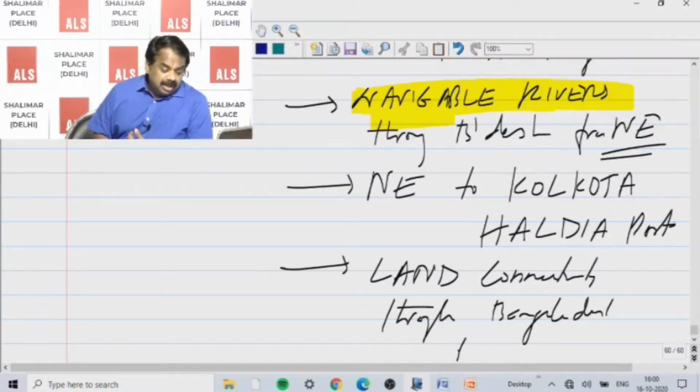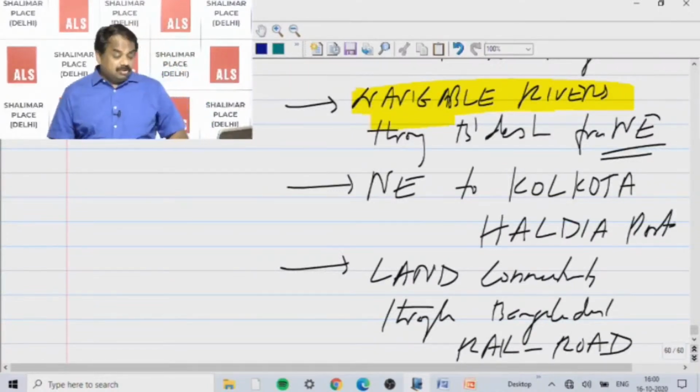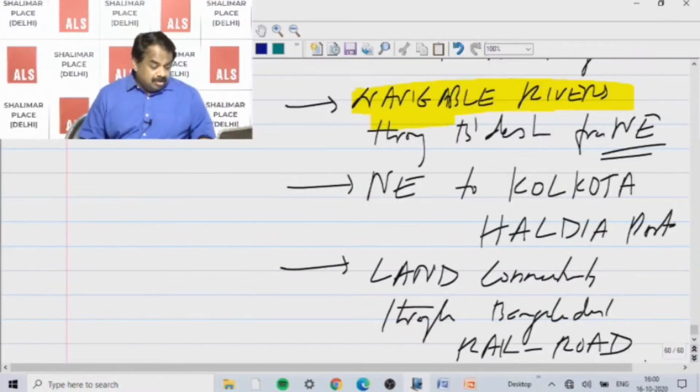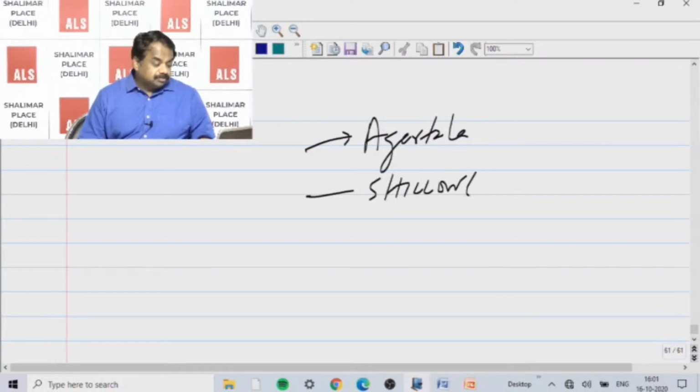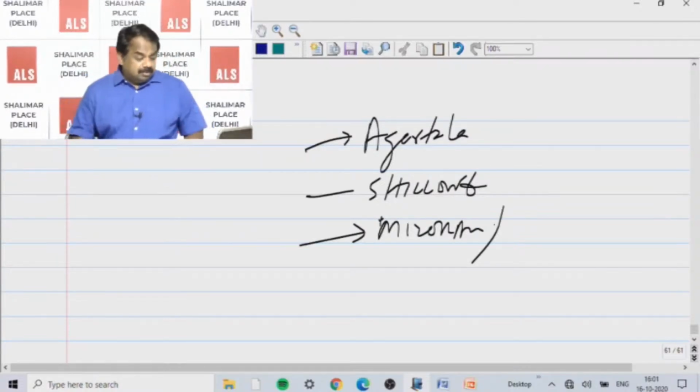That means through rail and road connectivity through Bangladesh can substantially reduce the travel time from Calcutta to Agartala or to Manipur, to even Meghalaya, that means to Shillong, and even to Mizoram also, but the capital of Manipur, Imphal.